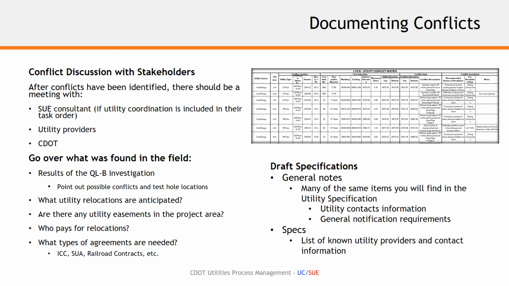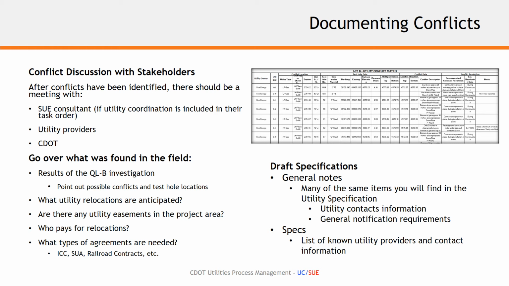And then relaying all that back to internal staff, CDOT staff, including designers, project managers, resident engineers, program engineers, from the design and budget perspective and scheduling of these utility relocations is extremely important.